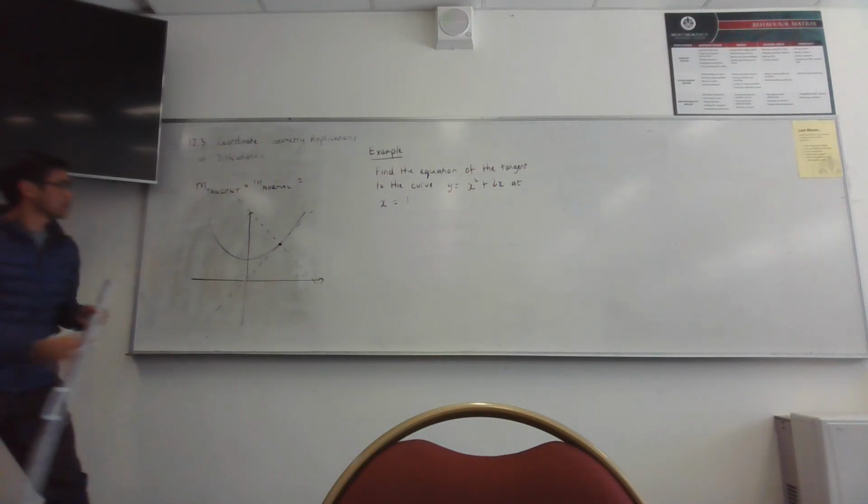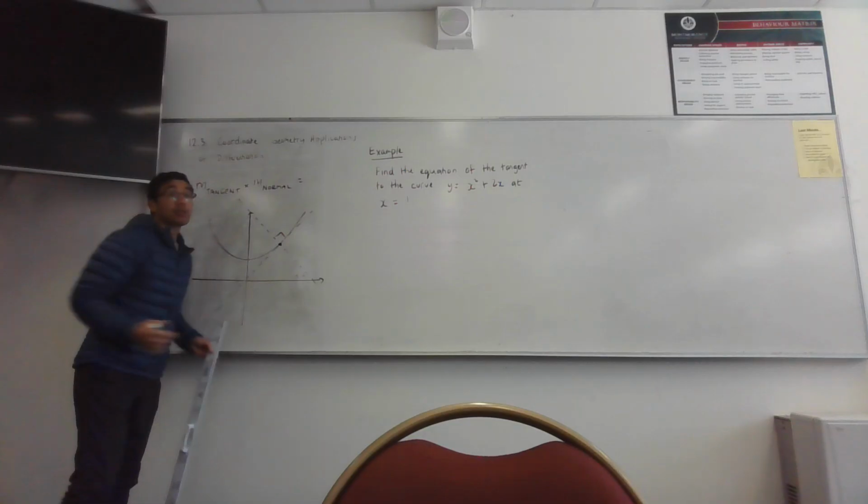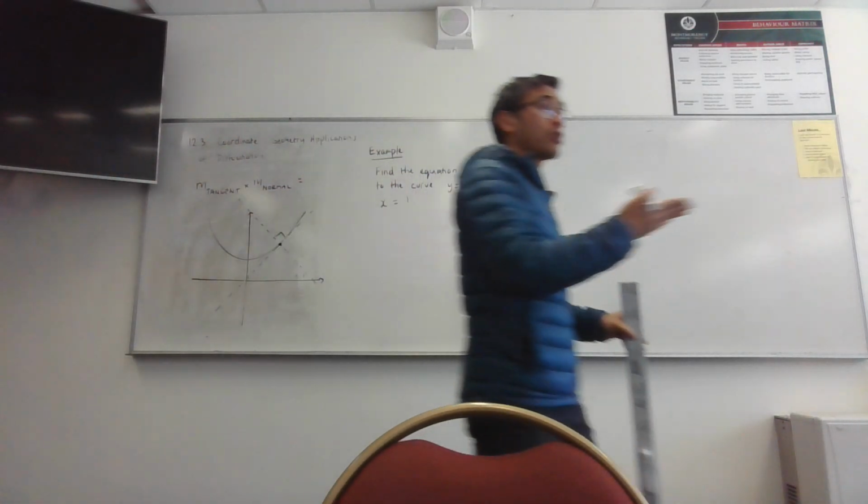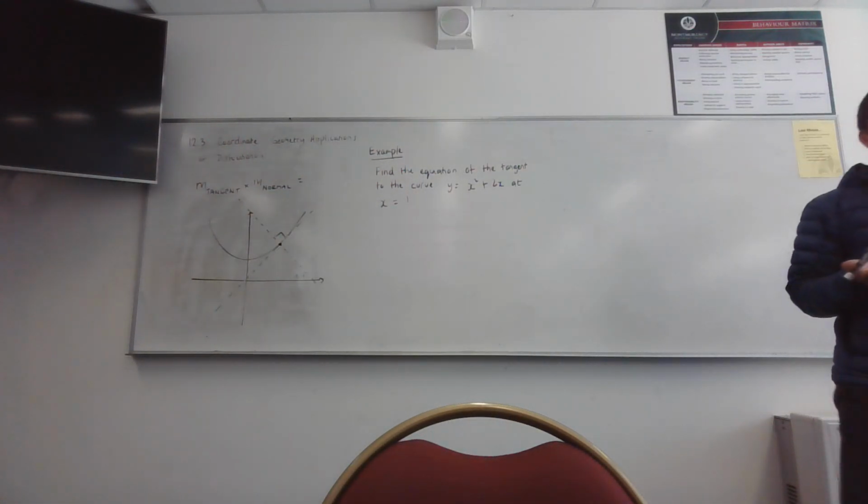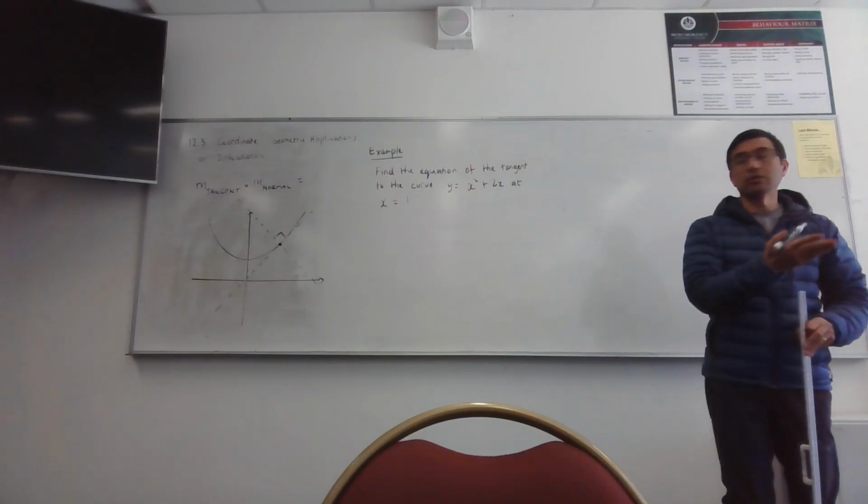If I grab those two gradients and I multiply them, what number am I going to get every single time? A -1.